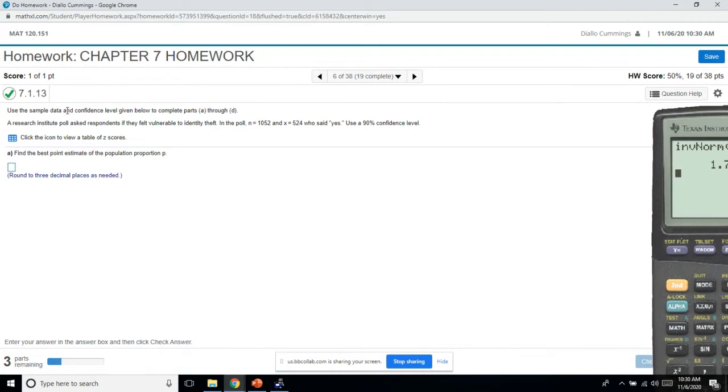We're asked to use the sample data and the confidence level given to complete parts A through D. The question reads, a research institute poll asked respondents if they felt vulnerable to identity theft. In a poll, N was 1,052, X was 524 people who said yes, and we're asked to use a 90% confidence level. Question A, we're asked to find the best estimate of the population proportion, which is P.